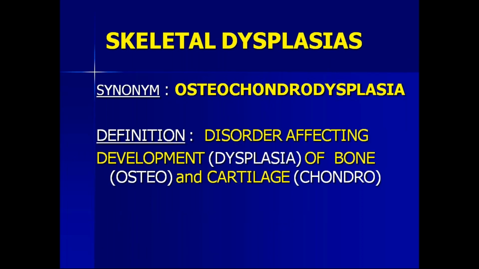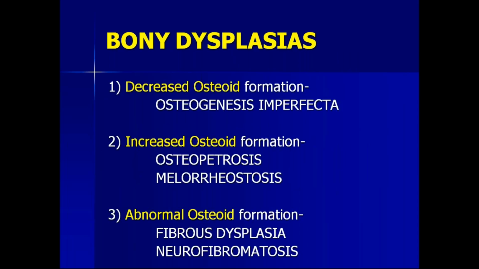So coming to skeletal dysplasias, usually skeletal dysplasias are classified into osteochondral dysplasia, where the bone and the cartilage are involved. Decreased bone formation is osteogenesis imperfecta. Increased bone formation is osteopetrosis, melorheostosis.